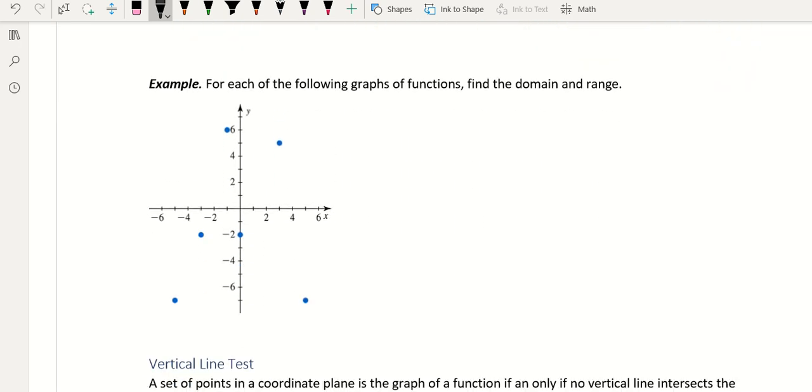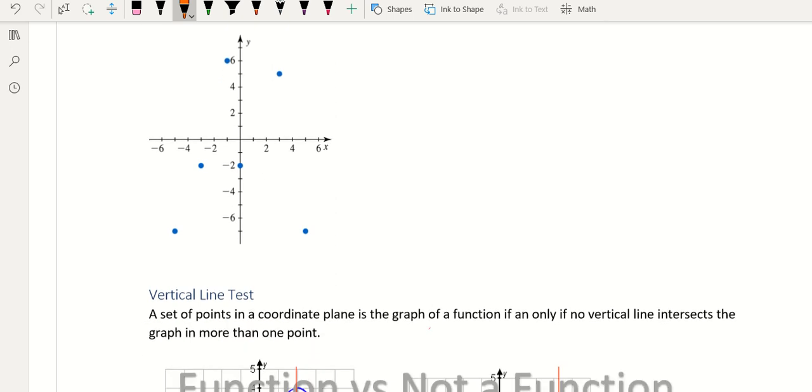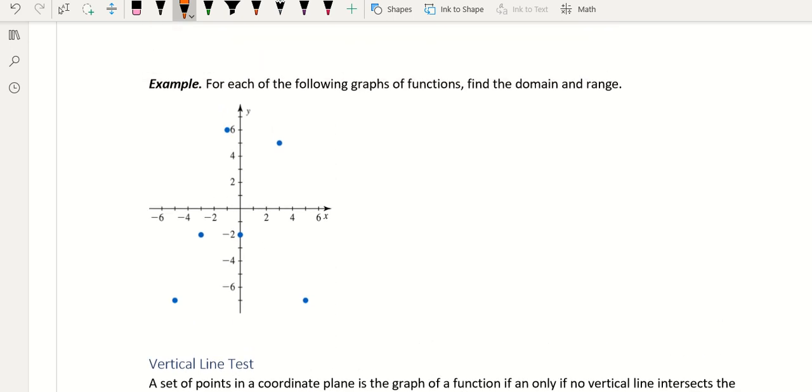All right, so if we take a look at our first example here, we have a graph of a different set of ordered pairs. So let's collect our ordered pairs and see what we have from left to right.